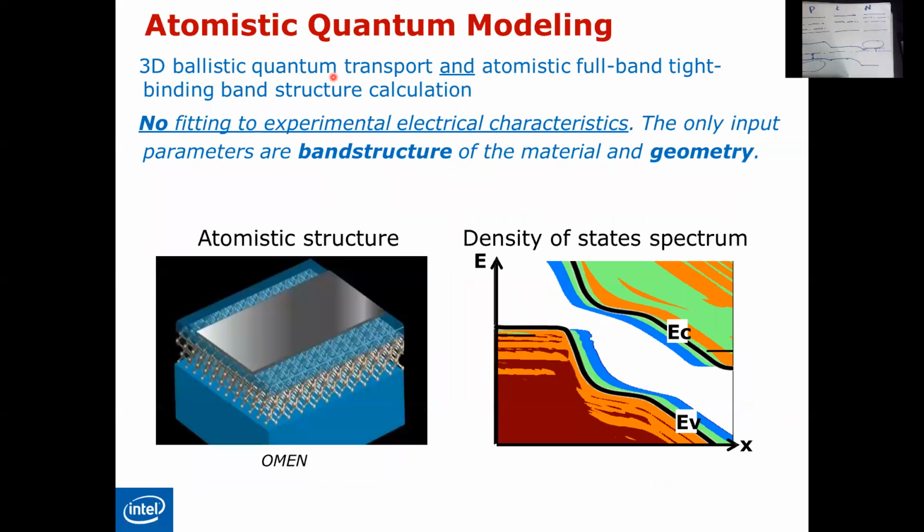And again, here is another model, as I mentioned earlier. In order to study such a structure, you have to have what's called atomistic quantum modeling, or quantum modeling for your devices, because these devices cannot be described by our drift diffusion model.